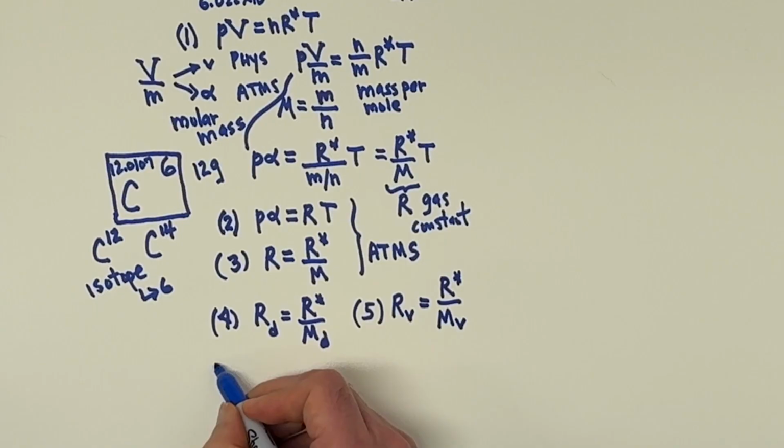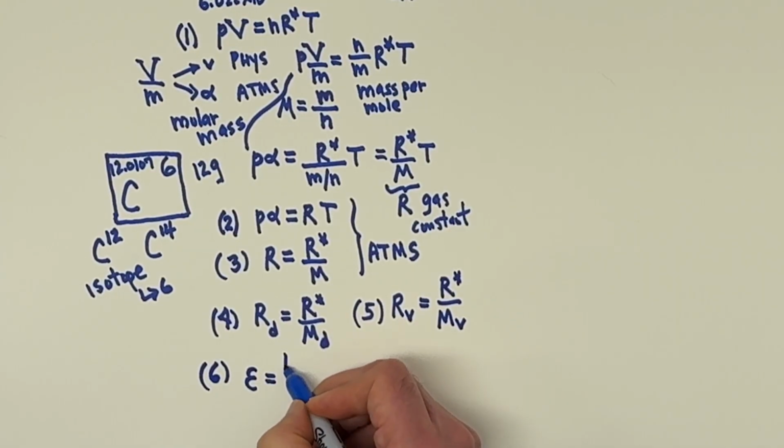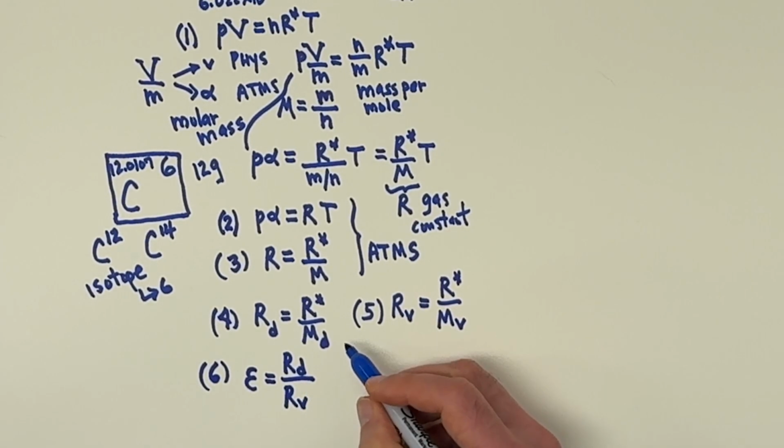Then for equation 6, which appears often in meteorology, is epsilon, which we define as the ratio of the dry air gas constant to the vapor gas constant.